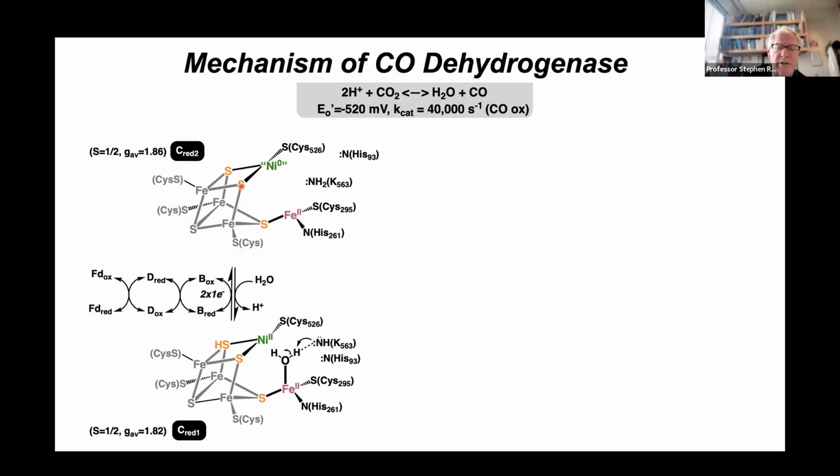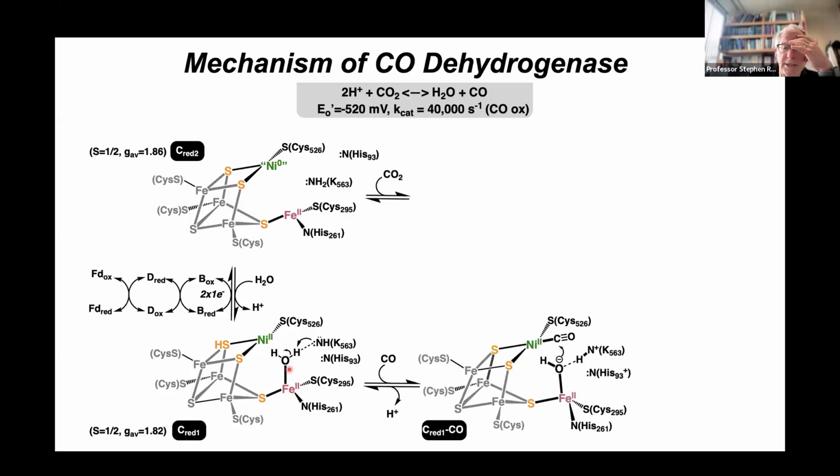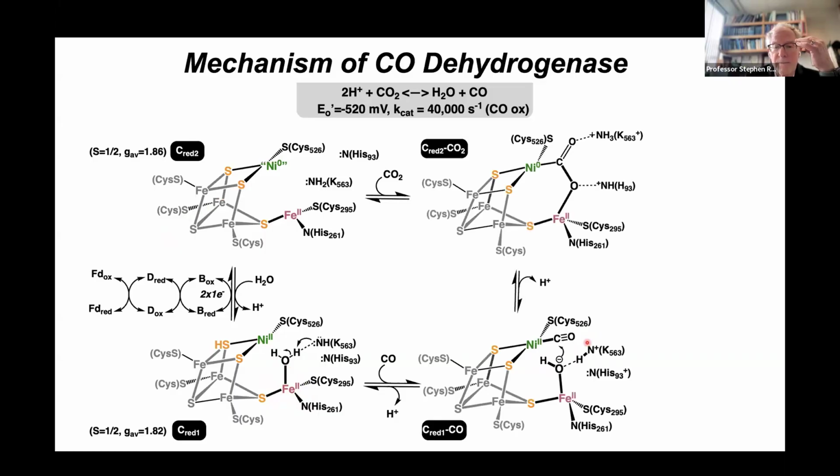The way we look at it, if the protein is going to catalyze CO oxidation, the CRED1 state is where we would begin this reaction, with this iron 2 state and a nickel 2 state. That ends up binding carbon monoxide, forming a complex. We are right now trying to trap this complex under catalytically relevant conditions.